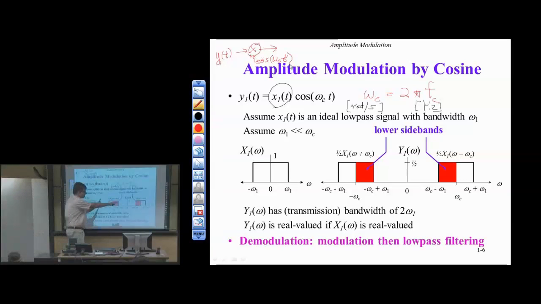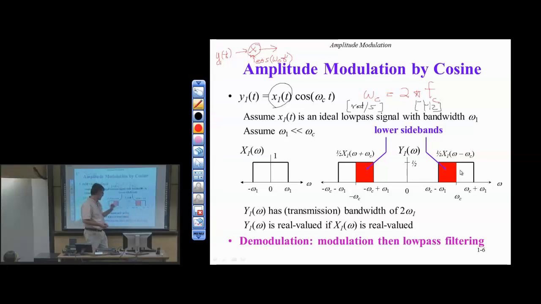This bandpass spectrum will shift to the right by the carrier, omega c, and to the left. So this whole thing shifts right, so this left band then ends up centered at the origin. The right band moves out to be centered at where? 2 times omega c.